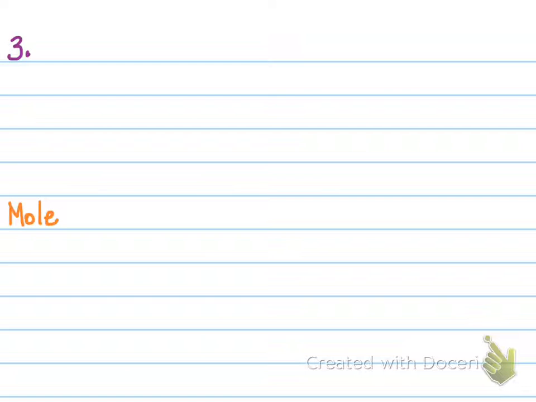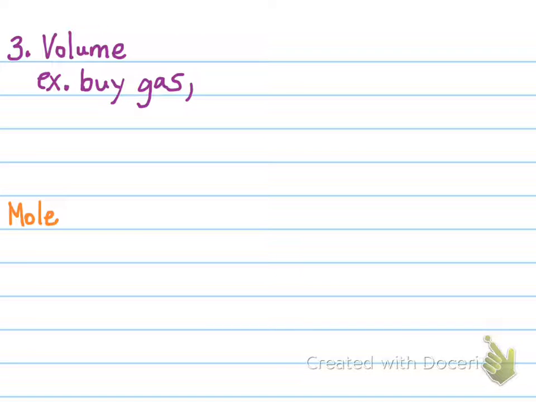A third way that we measure matter is by volume. For example, when you buy your gas, you measure your gas by volume, right? You pay per gallon. It's this price, like right now it's about $1.85 to $2 per gallon. So you buy it per gallon. This is also true of when you buy milk or orange juice, okay, or things of that matter.